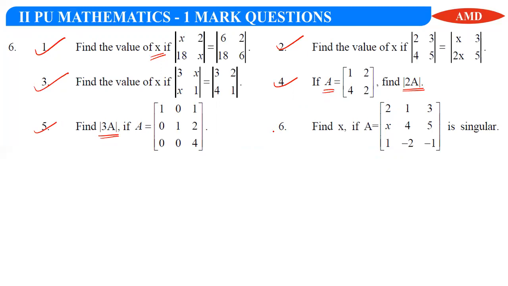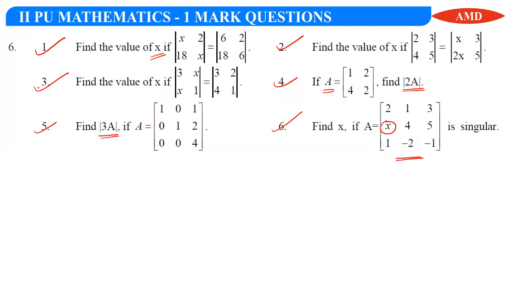And the last question, the sixth one, is where the given matrix is a singular matrix. That means the determinant is equal to 0, and we will have to find the value of x. It is a very simple question. You equate the determinant to 0 and then expand it along whichever row or column you want, and you will get the value of x.